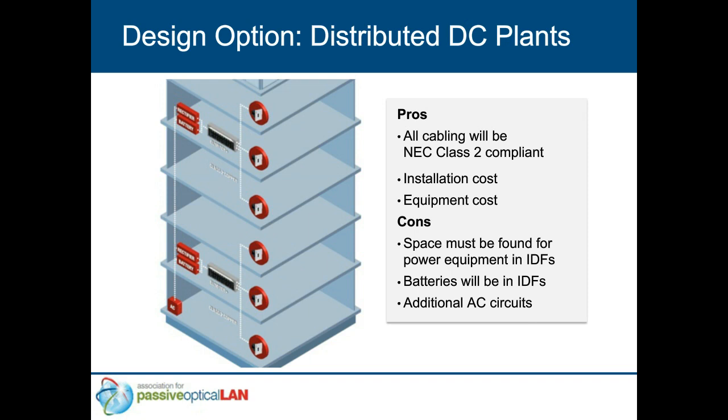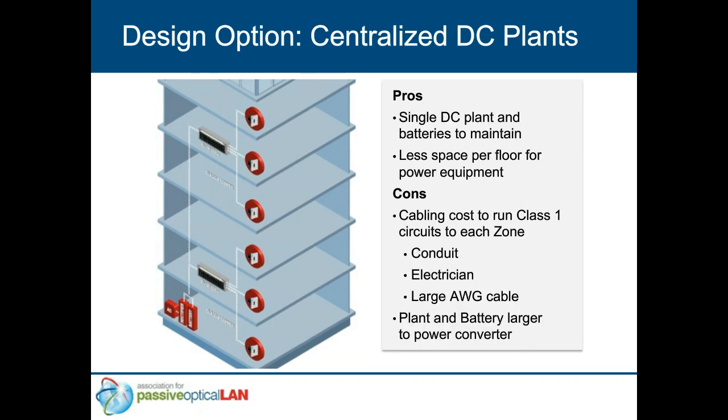Now let's look at an alternative solution, and that's the centralized option. With the centralized option, you take the rectifier and battery combination and locate it on the first floor or maybe in the basement, and you run DC cable out of that, which goes up and powers the same configuration that we had in the previous slide, where you have the DC-DC converters on a floor serving 2 other floors.